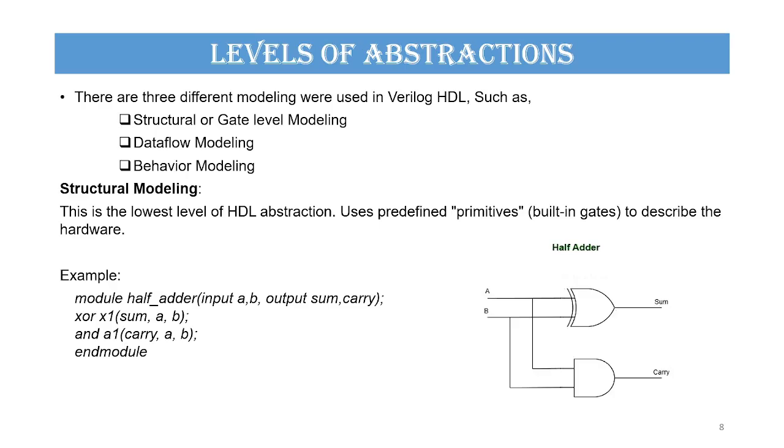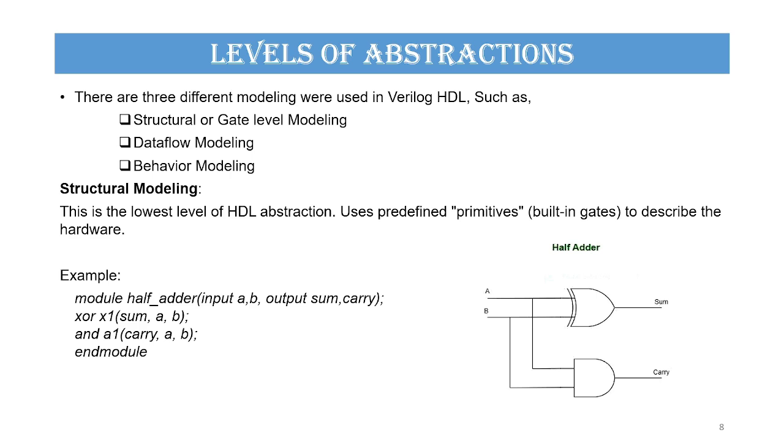We are going to discuss various levels of abstraction of Verilog. There are three different levels: one is gate level modeling, also called structural level modeling, then data flow modeling, and behavioral modeling. These are the three different modeling styles of Verilog.